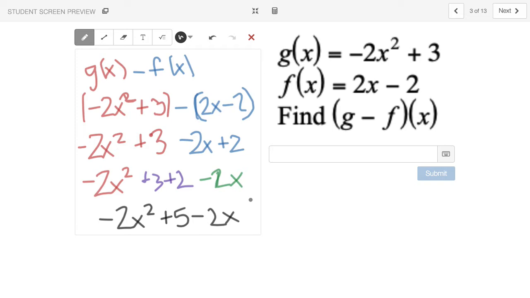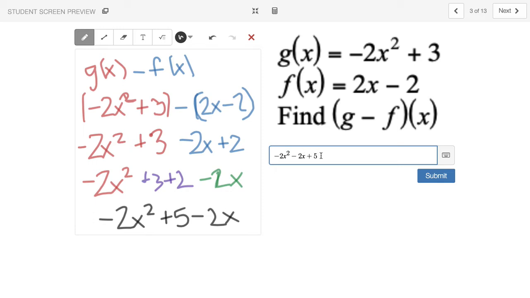So you could enter your answer like this, but sometimes it asks for standard form. Standard form means that the answer is in order by exponents. So in standard form, this is what I would type in: the negative 2x squared, because the square is the greatest exponent here, and then negative 2x, the exponent on this x would be 1.